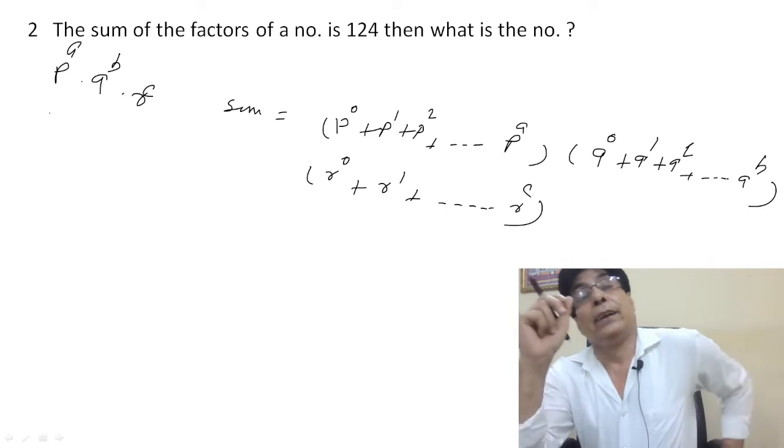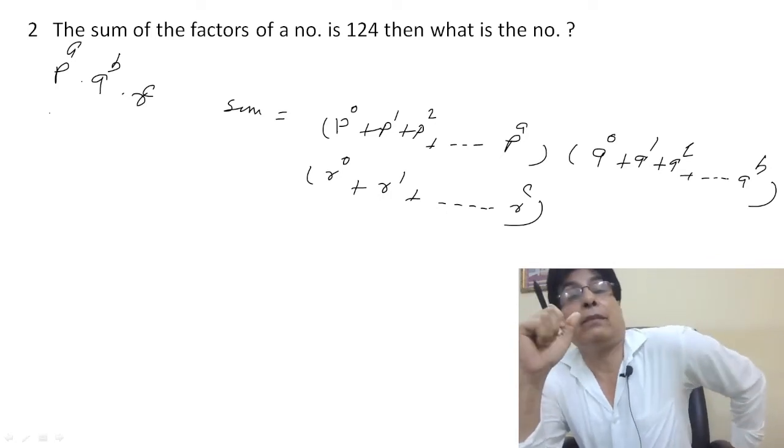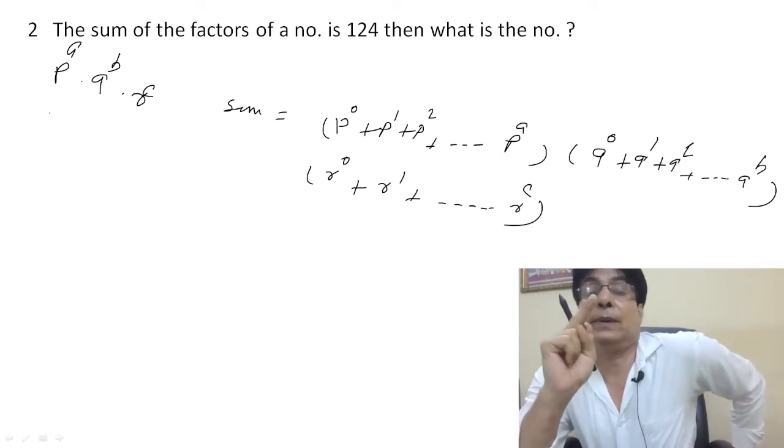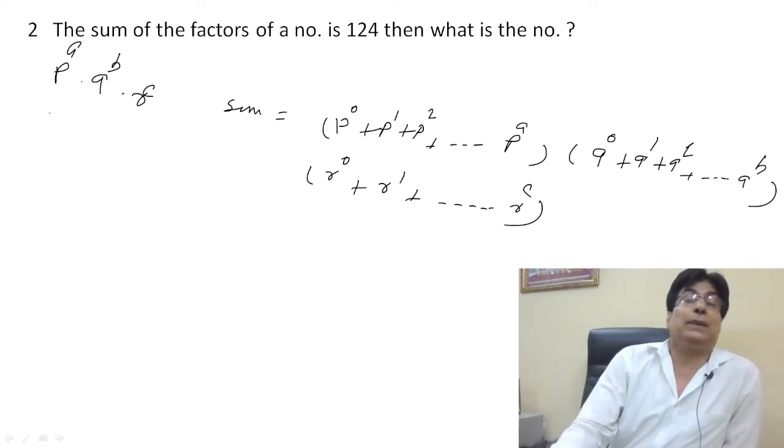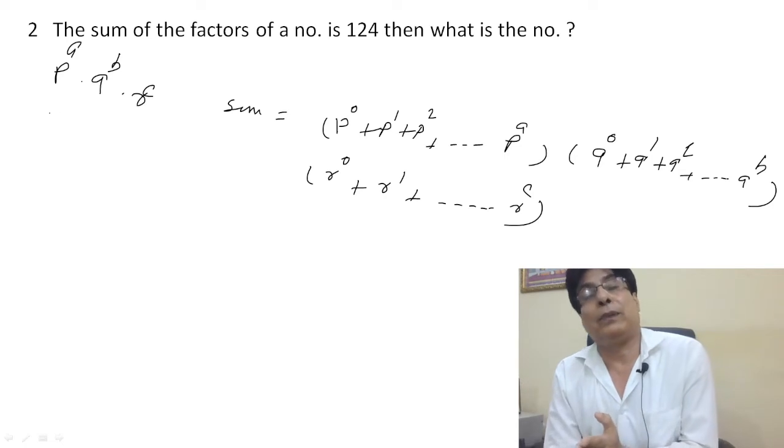It means that when the exponent of any number is 0, its value is 1, so you can write 1 plus p^1 plus p^2 up to p^a.